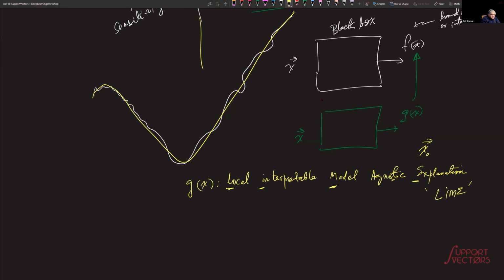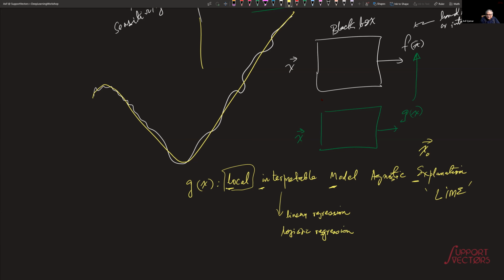So first of all, the important word is that it is local. And what can be interpretable models? The classic is, of course, a linear model. Suppose it's a regression problem, you can use linear regression. Or for classification, you can use logistic regression.